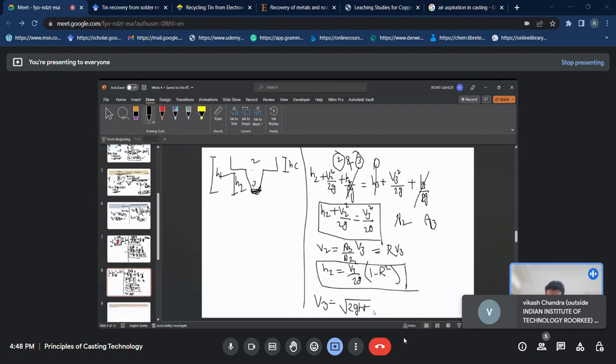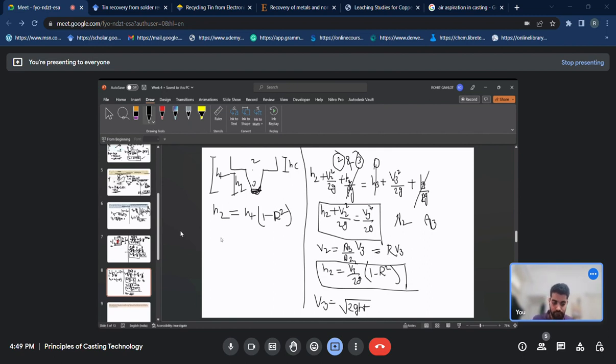So V3 is root 2GHT, and from this formula, H2 will be equal to HT times 1 minus R square, and R is A3 by A2.